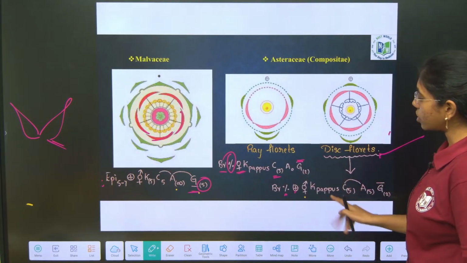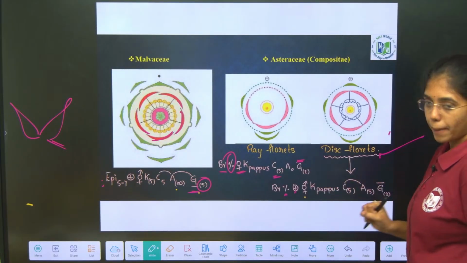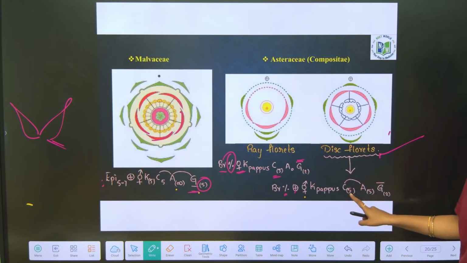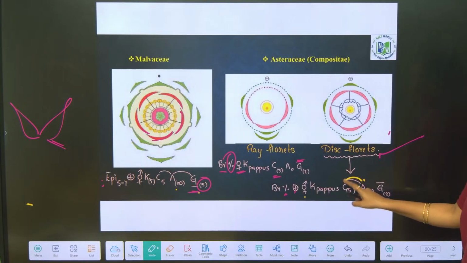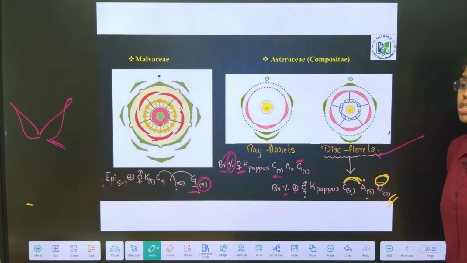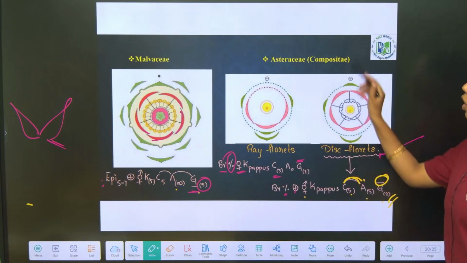And calyx sepals are reduced to what? Pappus. Corolla 5 petals fused with androecium, again it is showing epipetalous condition, gynoecium has inferior ovary, bicarpellary. Clear with Asteraceae. Asteraceae is also called compositae.